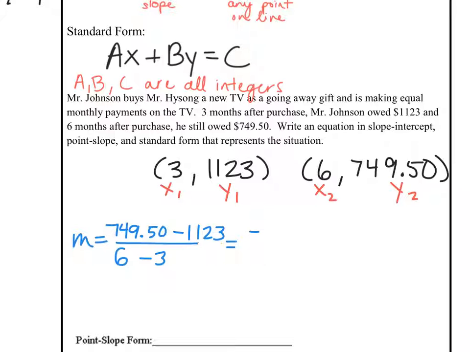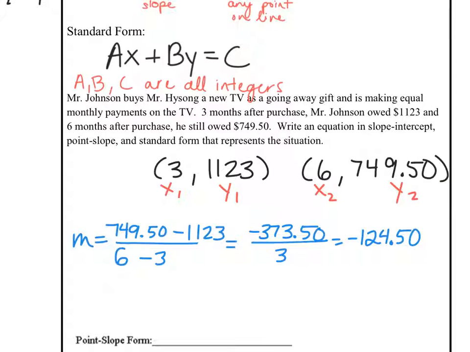So negative 373.5 over 3. Okay, you might need a calculator for this. Let's just talk about, it says negative $124.50.